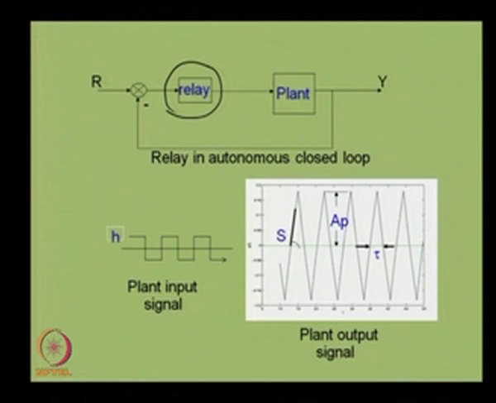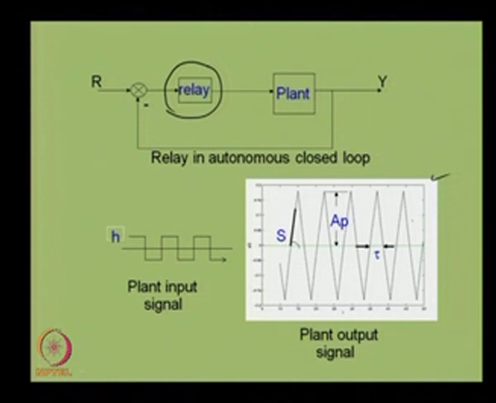When the relay is put in the closed loop, the plant is expected to get output of this form. Look at the output carefully. The output of the plant when relay is in the loop becomes oscillatory.